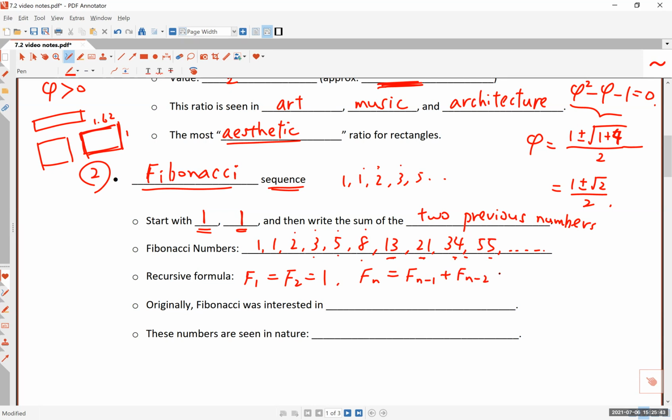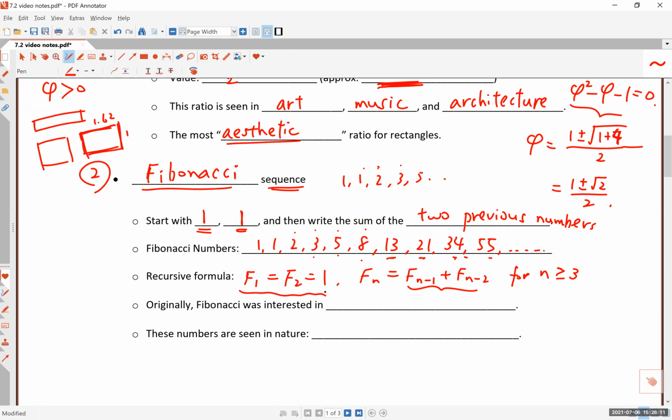So you go back 1 and 2 places, and you find the sum of the two previous terms, and that is going to give you whatever F of n is. That's the nth Fibonacci number. And here we insist that n should be bigger than or equal to 3, right? Because the first two are defined as 1 and 1.